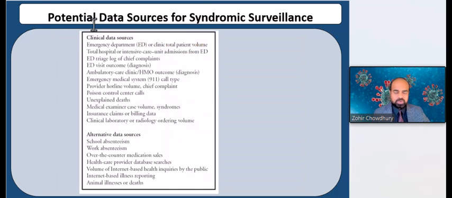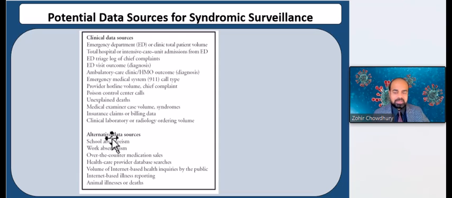So potential data sources are shown in this table, and we can also see from the previous slide as well. We can have some idea. So strictly defined, syndromic surveillance gathers information about patients' symptoms, so cough, fever, shortness of breath, etc., during the early phases of illness.